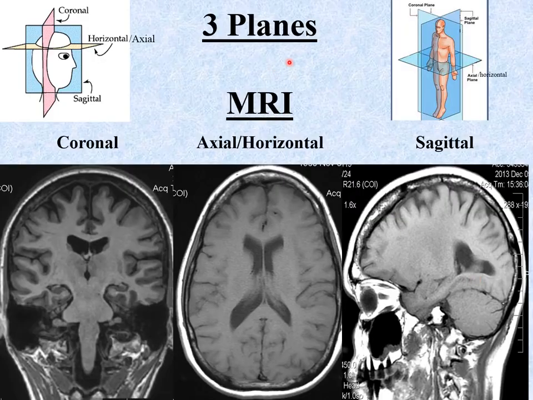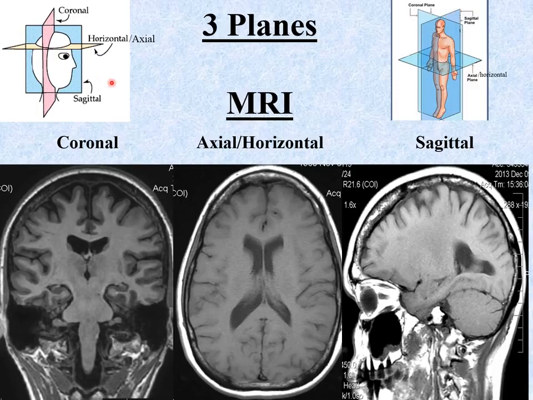The images may be available in three different planes. That is, a horizontal plane, essentially a cut horizontally through, in this case, the head, and we see the horizontal plane here in the middle with an MRI. Or a coronal plane, a frontal appearance, and here we see the coronal image for the same brain.